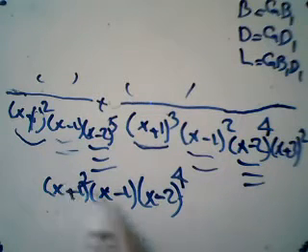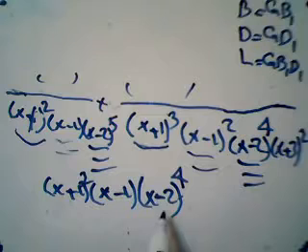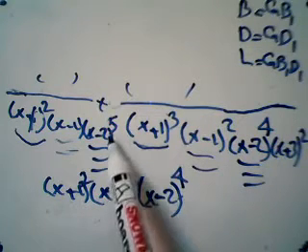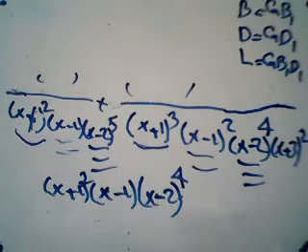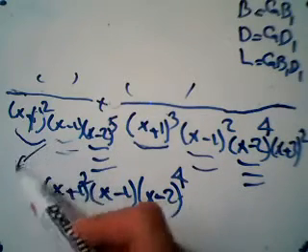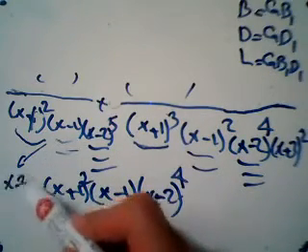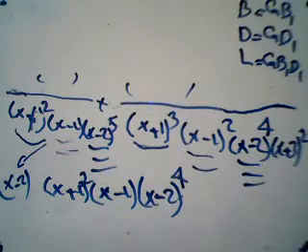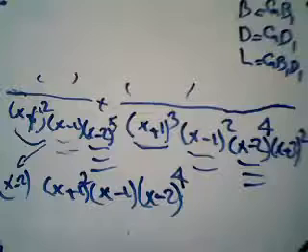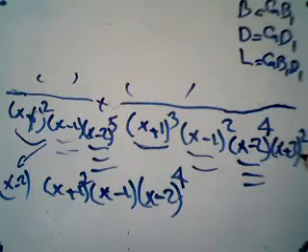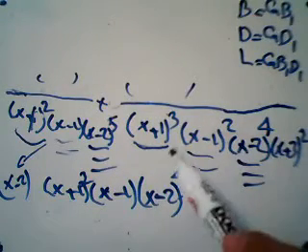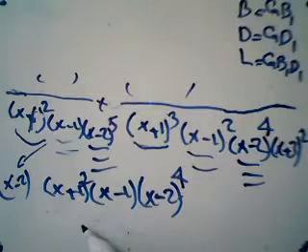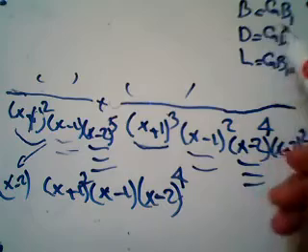It got this and this and x minus 2 to the 4. But it is x minus 2 to the 5, so the other factor of this is x minus 2 with the power of 1. And the other factor of this is what?